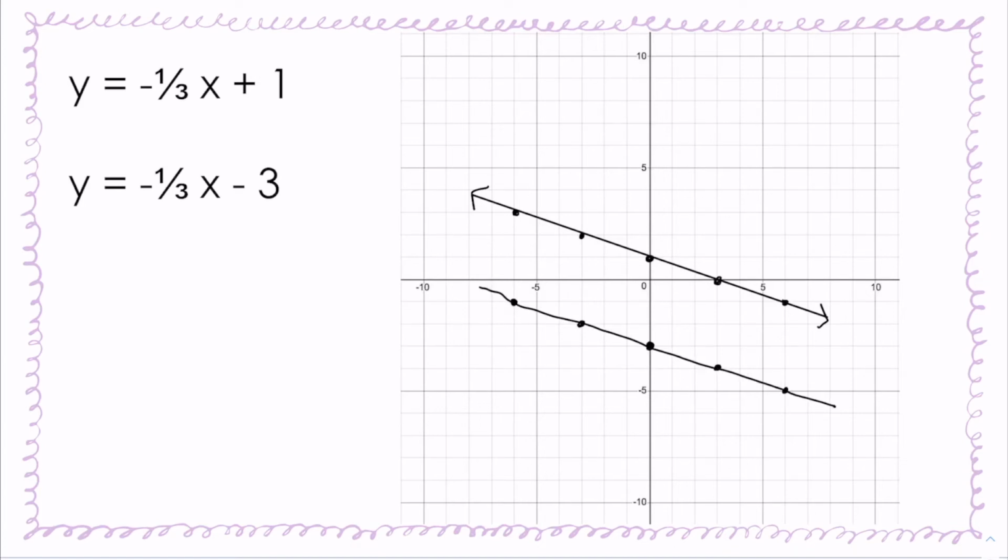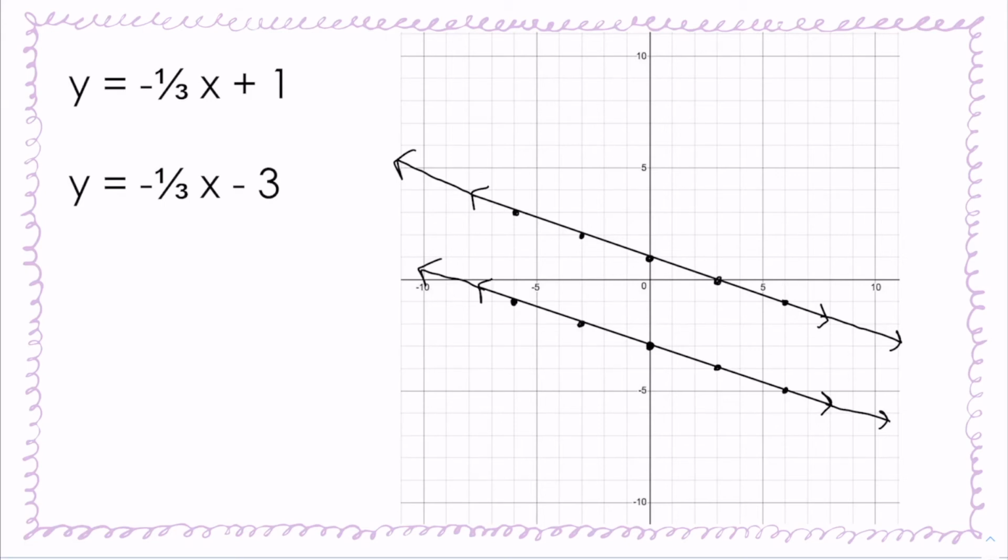Okay, so what is the solution for this system? A solution is an intersection point. Do these two lines intersect? They don't. Well, what if we extend the lines, because we know this continues forever? Will they ever intersect?